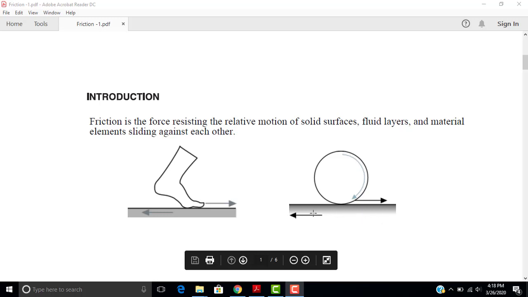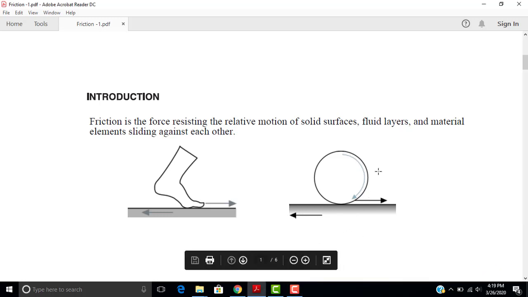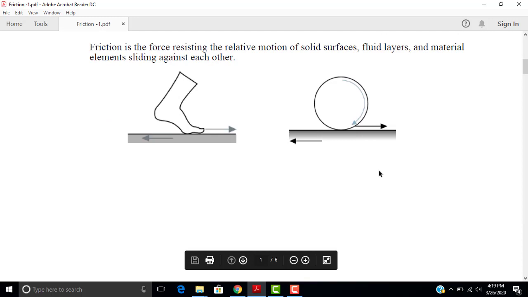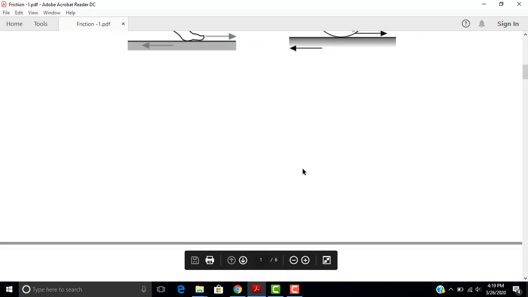So this is the resistance force which is developed due to the motion of the body. Hence, friction is a property by virtue of which a resistance is developed between the contact surfaces of two bodies when one body moves or tends to move over the other body.